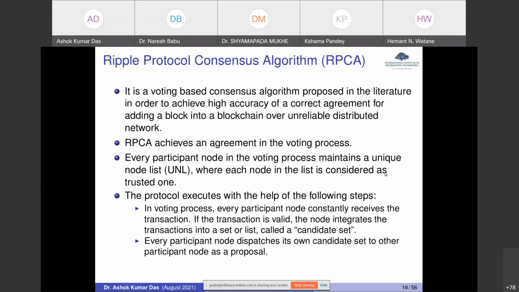Now next there is a consensus mechanism known as the Ripple protocol consensus mechanism, and this protocol is due to the Ripple company in USA. Ripple has recently funded 12 institutes in the world, and out of these 12 institutes, two are in India, in our country: IIT Bombay and, fortunately, Triple IT Hyderabad.